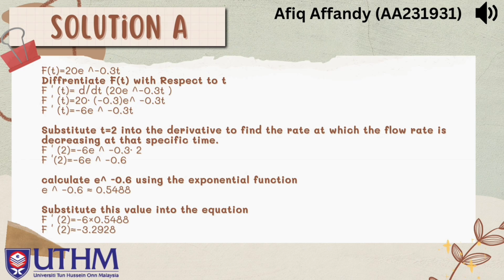Then we calculate using the exponential function, where e^(-0.6) equals 0.5488. We then substitute this value into the equation: f'(2) equal to negative 6 times 0.5488, and we get negative 3.2928.